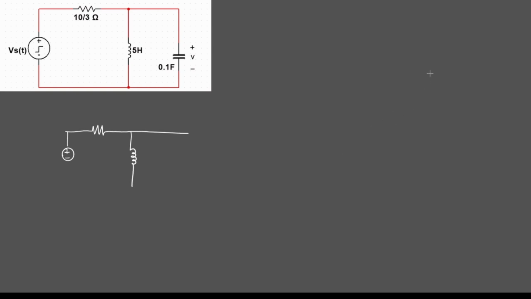When modeling inductors as a current source, let's say this is your time domain inductor. We covered this in the previous video, L I of t. Call this V. As a current source, you're going to have your inductor in parallel with the current source leaving the node, so going downwards.